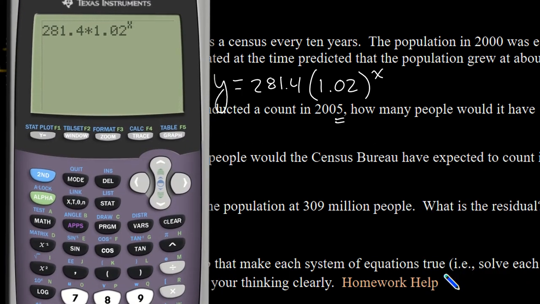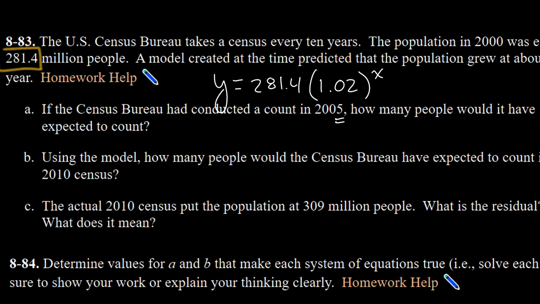I'll retype a 5 instead of an x, and it gives me that the population predicted would be 310.7 million people. And again these are million people, and that's how many we were projecting for the year 2005.